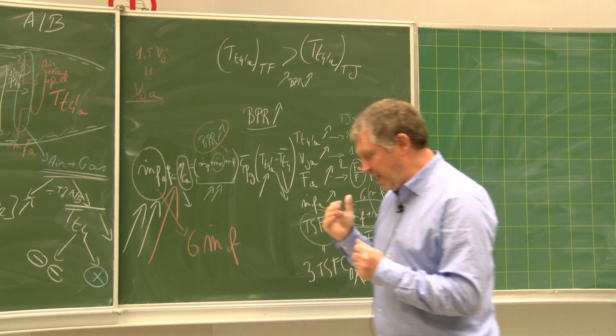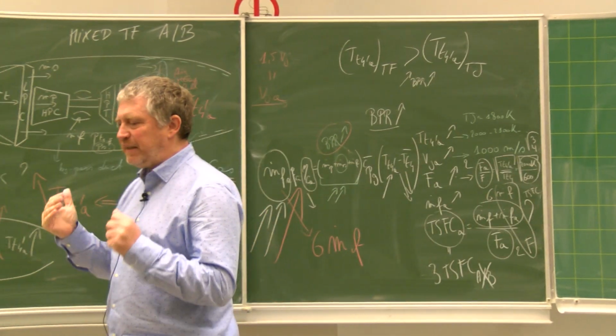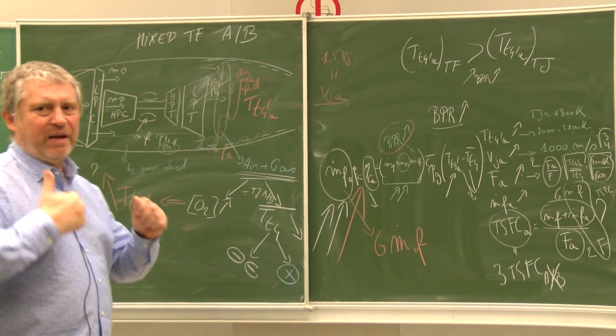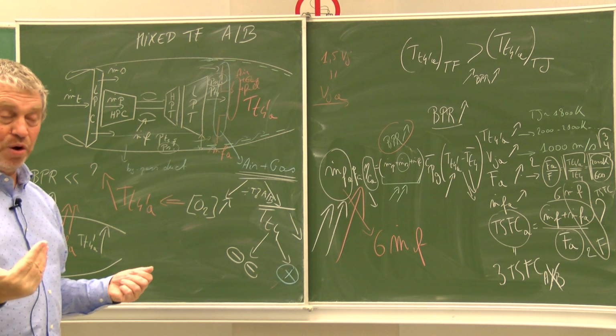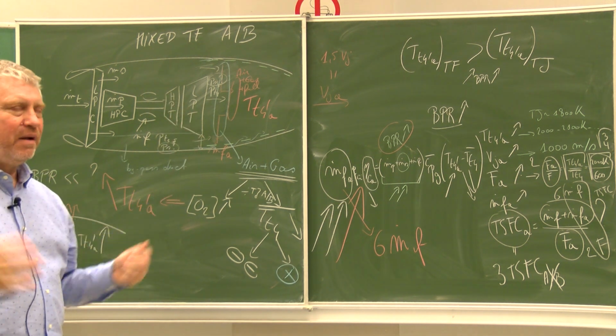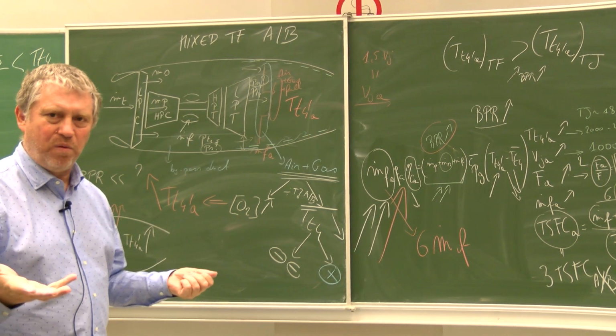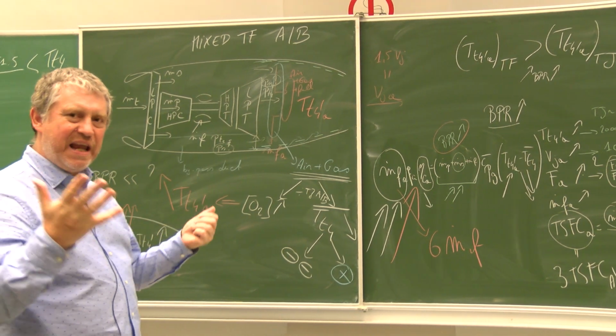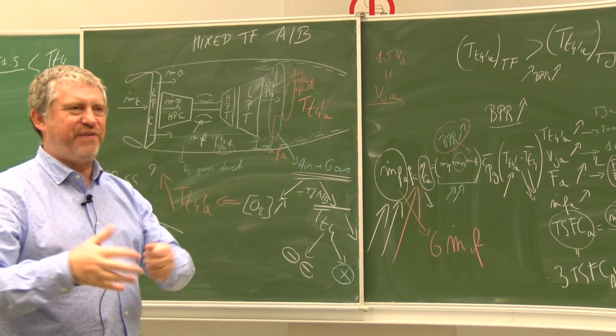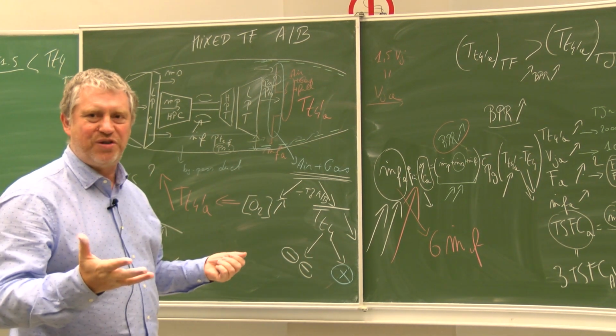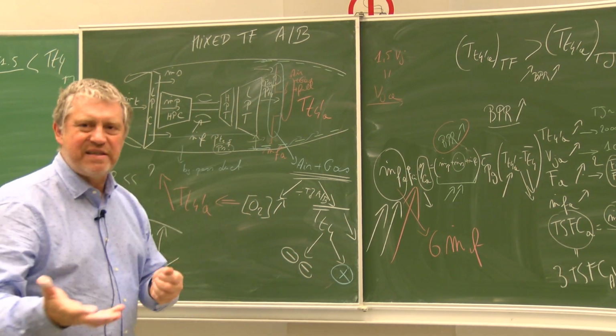And so you see what is globally the effect of bypass ratio, or let's say turbofan, because in the turbojet the bypass ratio is 0. So between the turbojet and the turbofan, what is changing? The bypass ratio. It was 0, it's not 0 anymore.